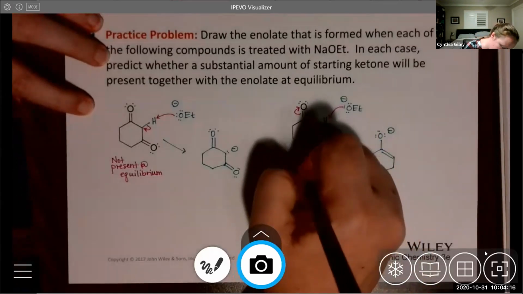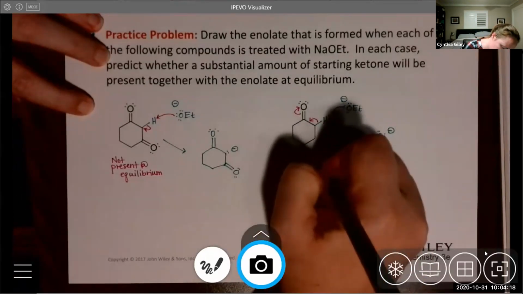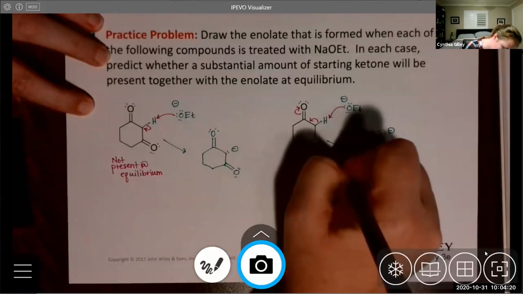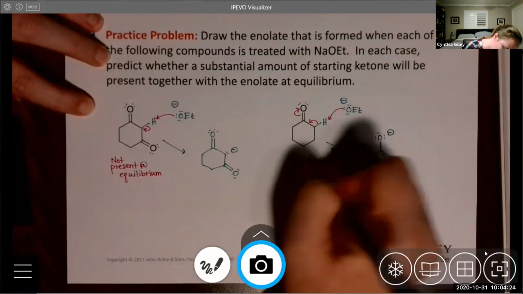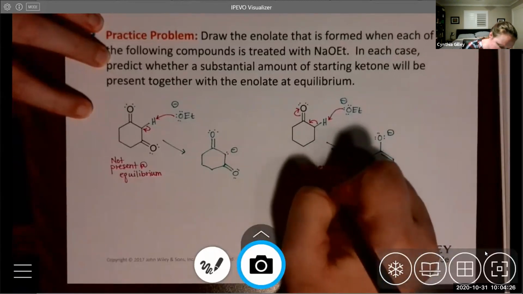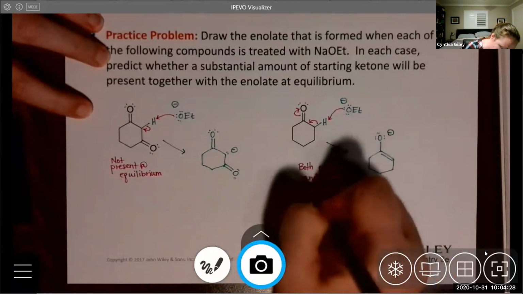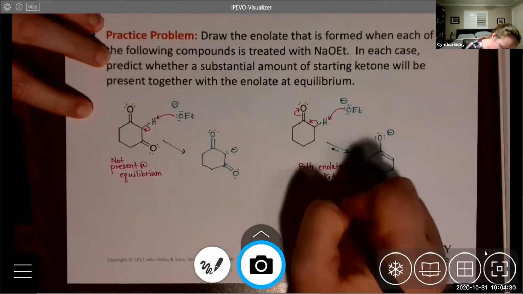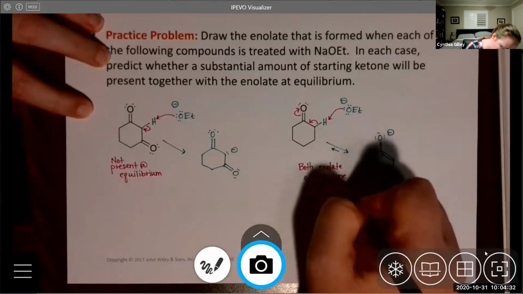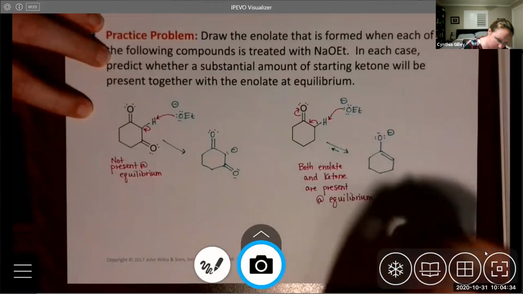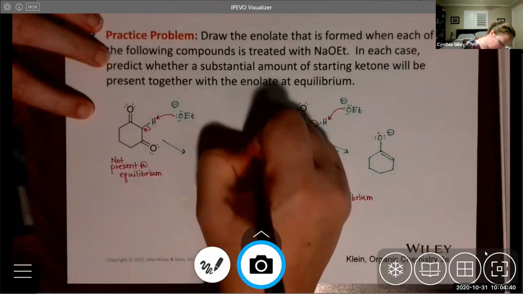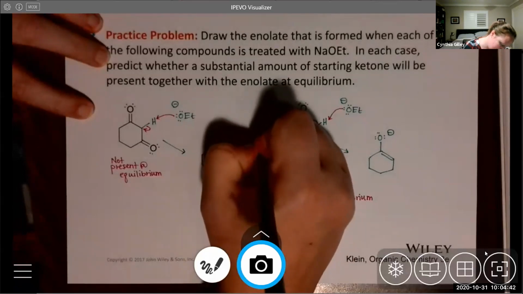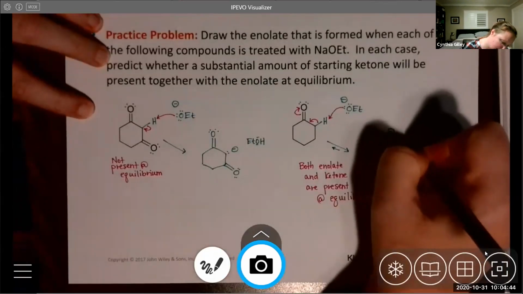So we're going to say both the enolate and the ketone are present at equilibrium. Just for clarity, I'll go ahead and draw in the conjugate acid. So in each case, we form some ethanol.